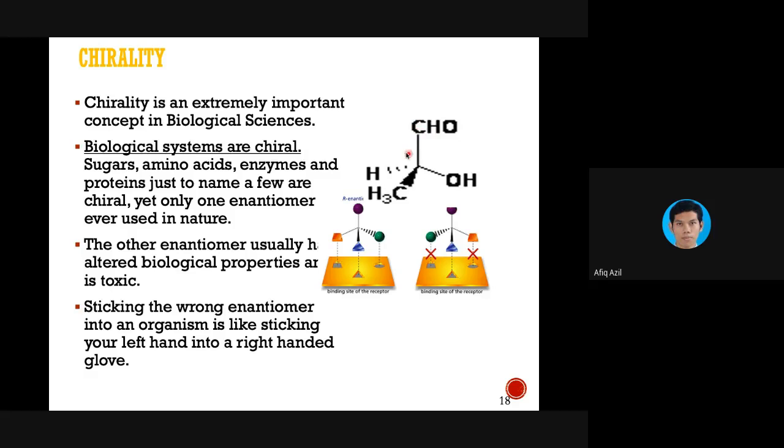The arrangement is like this, but then it has to go into the binding site. In our body, for example, when you eat a drug, the drug contains the chemical compound, and let's say it needs to kill a bacteria. On that bacteria, there will be a binding site coming from the protein of the bacteria.